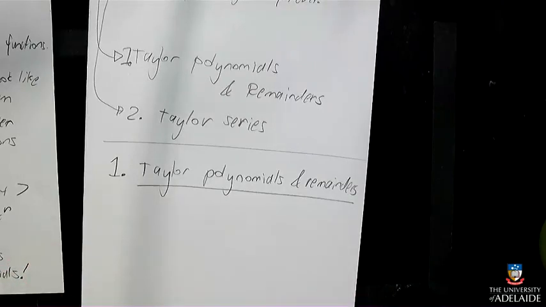So our goal is to try and find a polynomial that is as close as possible to our function in terms of what it looks like on the graph. So I'm going to go over to my computer.